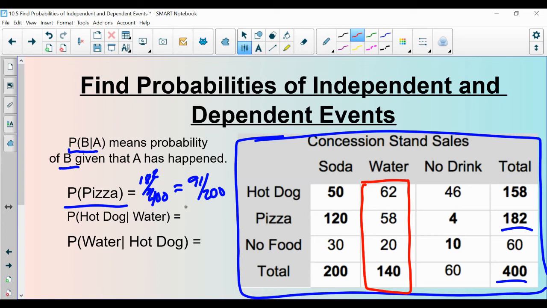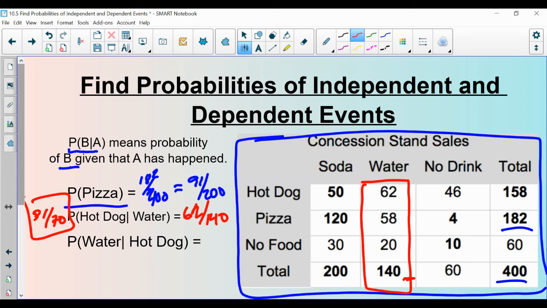So 62 out of those 140 people ordered a hot dog if we know they ordered water, right? That's what we're asking. Probability of selecting a hot dog given that they selected water. 140 people selected water. 62 of those chose a hot dog. We need to reduce that fraction. 62 out of 140. Turn it into a fraction, and you will get 31 out of 70.